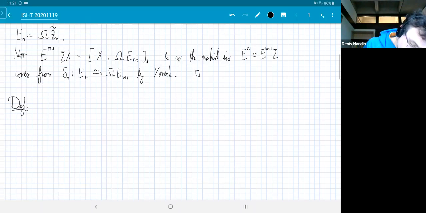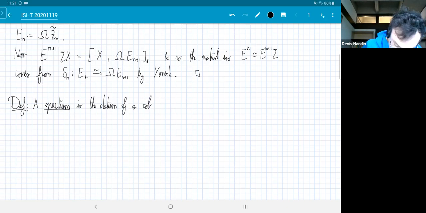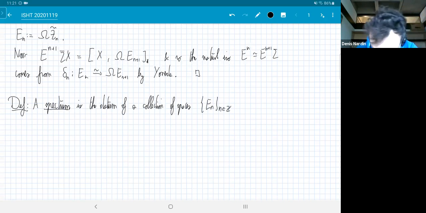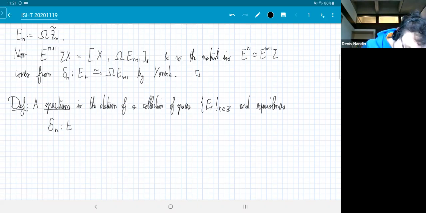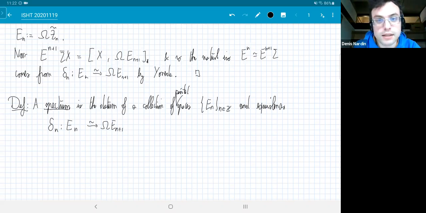The definition: a spectrum is the datum of a collection of spaces E_n for each integer n and equivalences δ_n from E_n to the loop space of E_{n+1}, as pointed spaces. Sorry, that's very important and I was forgetting.